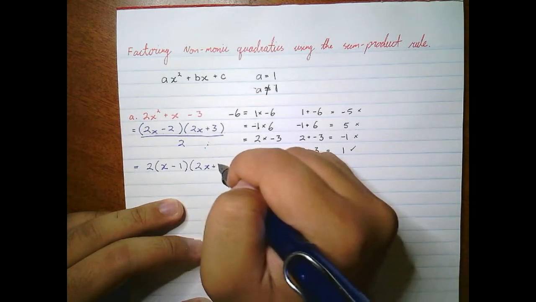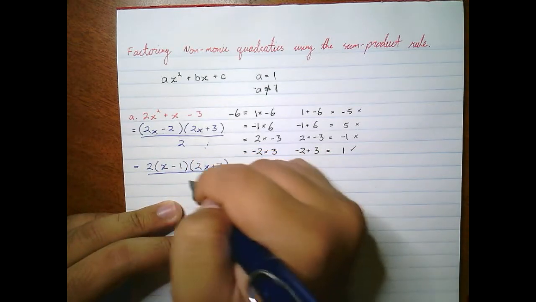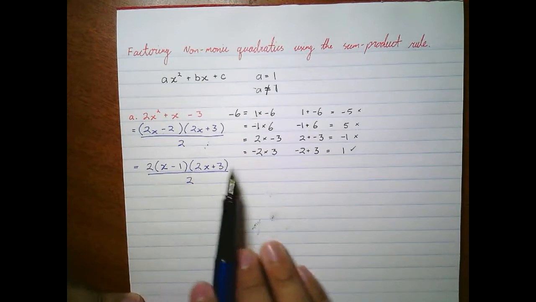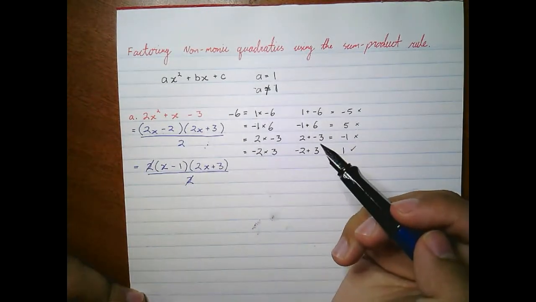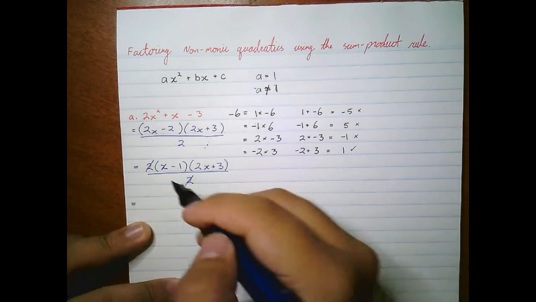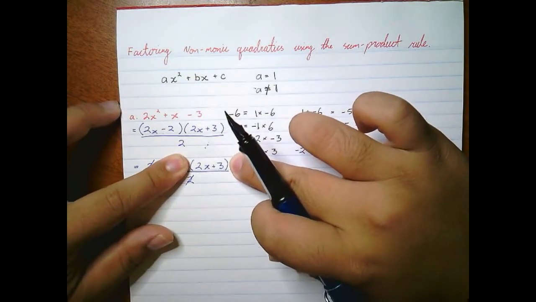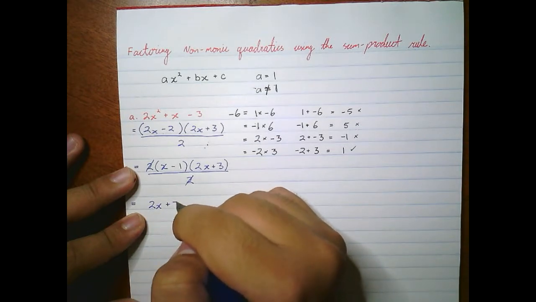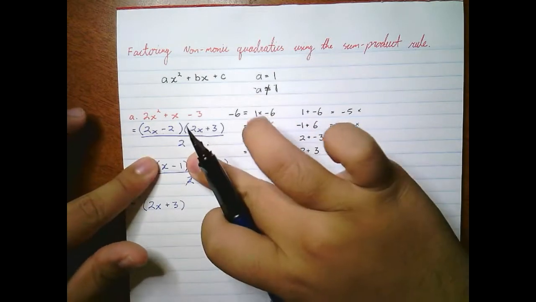Then 2x plus 3, over 2. Now, since the top is fully factorized, we can cancel out any common factors in top and bottom, which leaves us with just, I'm going to put this one first, 2x plus 3 and x minus 1.